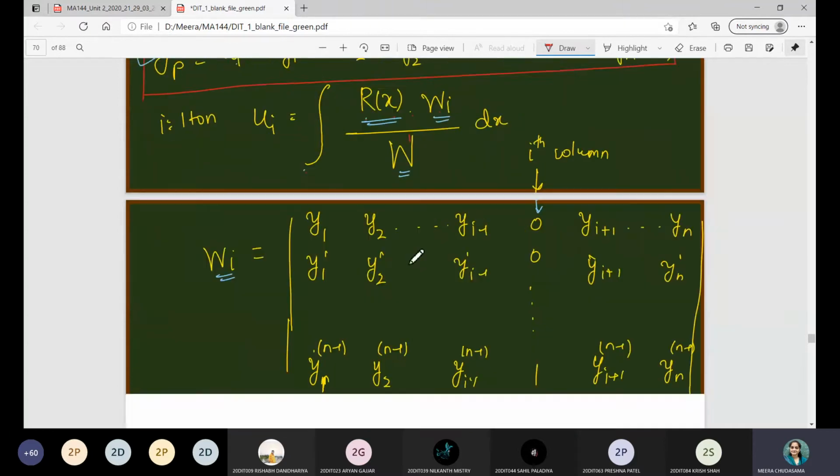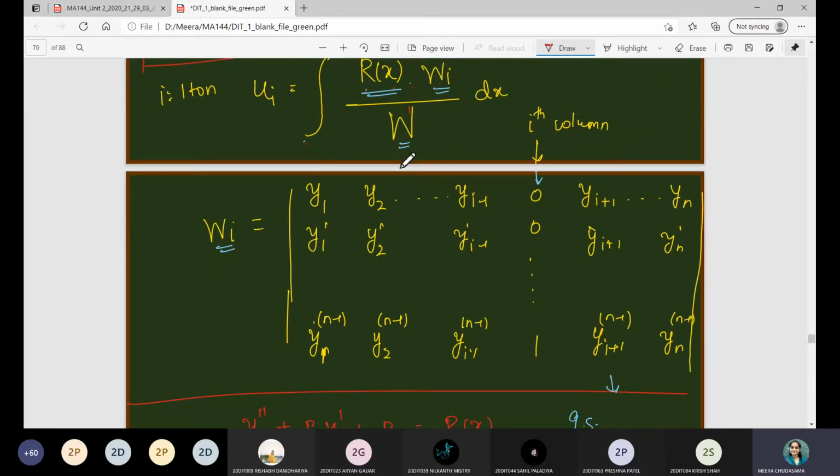Here W is the Wronskian of the functions y1, y2, yn involved in the complementary function, with succeeding rows being derivatives of order 1, 2, 3 and so on up to n. Wi corresponds to the ith column being replaced by 0, 0, 0, up to the last entry being 1. That is the method of variation of parameter we have considered.